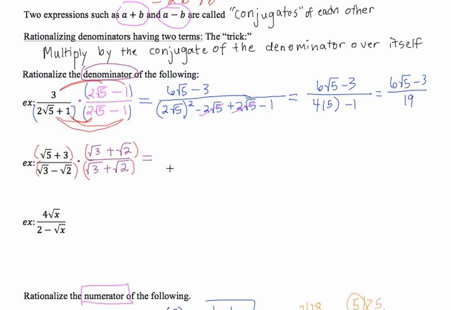So in the numerator, we have radical 5 times radical 3, which is radical 15. The outside terms are radical 5 times radical 2, that's radical 10. Inside terms are 3 times radical 3. And the last two terms are 3 times radical 2.